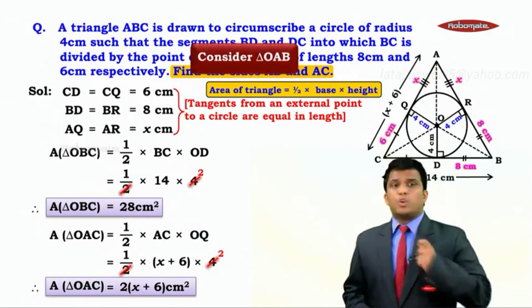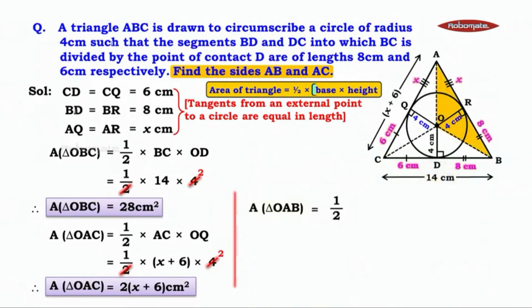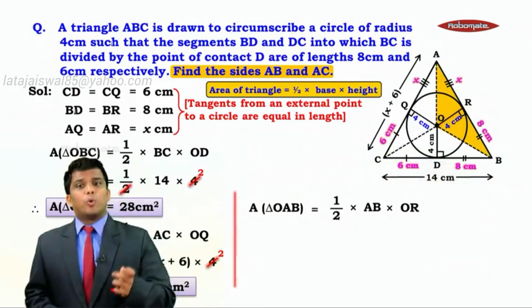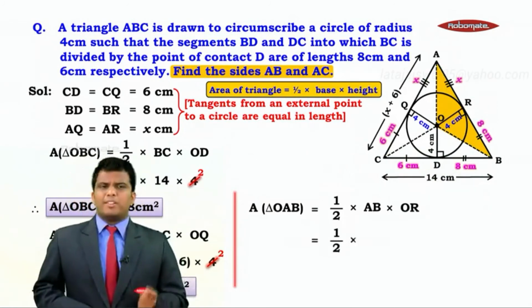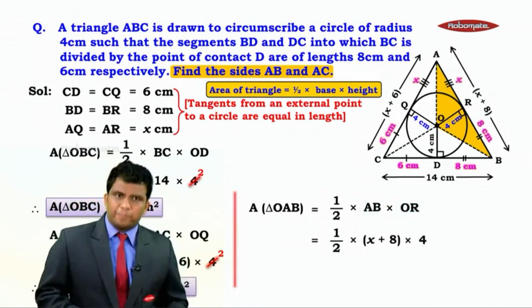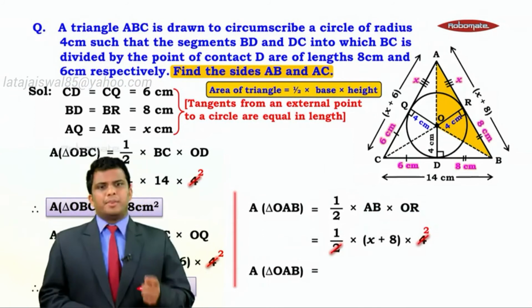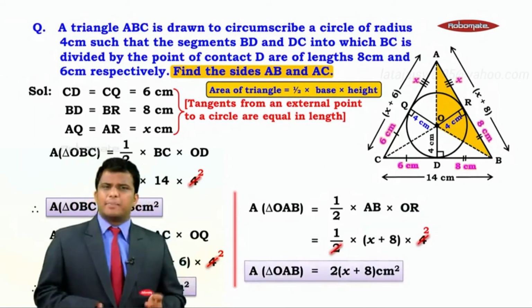Further, let's go for triangle OAB. The base is AB and the height is OR. So area of triangle OAB will be half into X plus 8 into 4, and reducing, area of triangle OAB will be 2 times X plus 8 centimeters square.